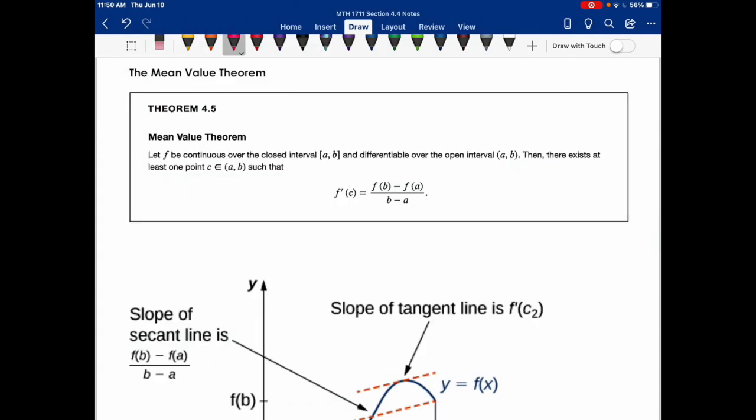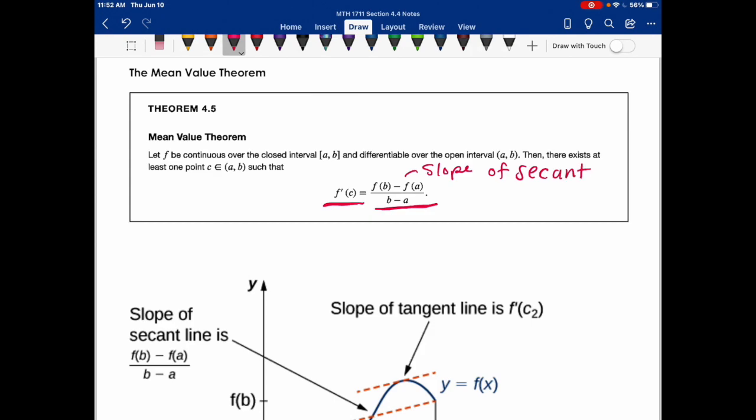Okay, now let's talk about the mean value theorem. The mean value theorem states that if f is continuous over the closed interval from a to b, and it's differentiable over the open interval a to b, then there exists at least one point c on the interval so that the tangent line at that point c has a slope that is the same as the secant line that runs between the two endpoints.